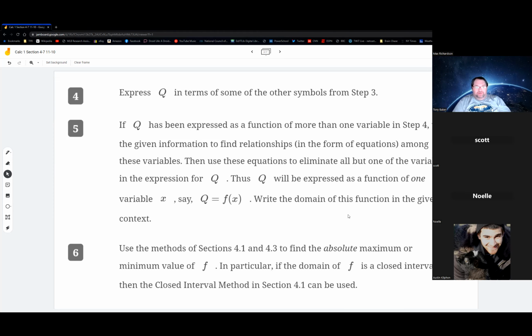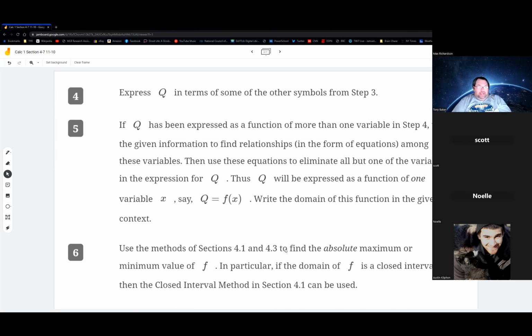But one of the big domain restrictions that most people don't ever really think about is an actual real-world domain restriction. If we're talking about area, it can't be negative, so your domain restriction starts at 0. Or if we're talking about height, it can't be negative, so you're going to want your height to be from 0 on. Things like that are just as important when we're looking at these problems, because once we make the expression, it's going to work on the normal domain that that expression will work on. But we might want to restrict it down further than that.